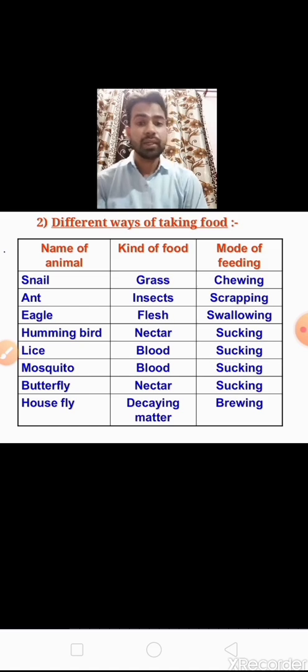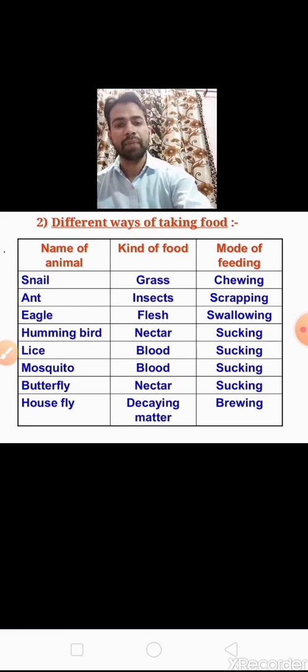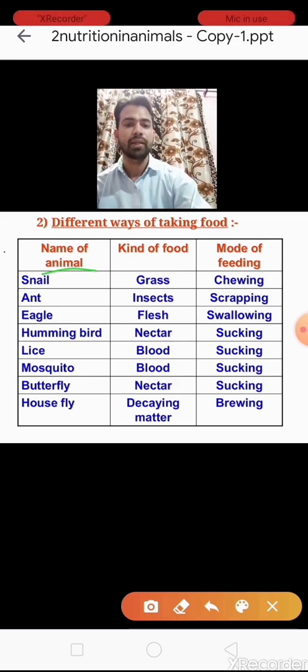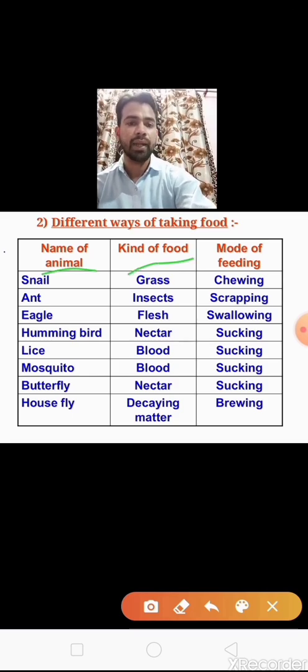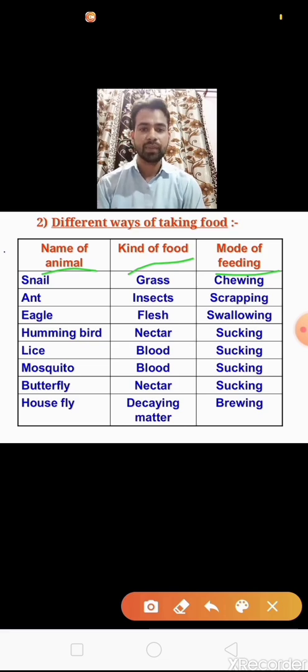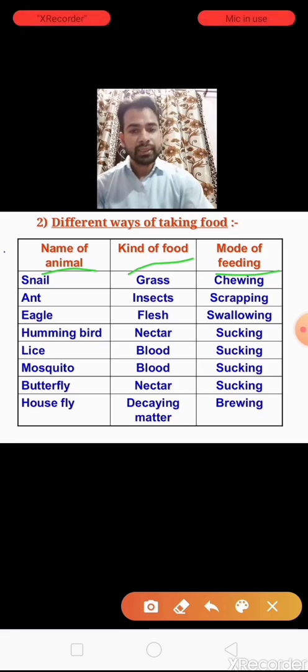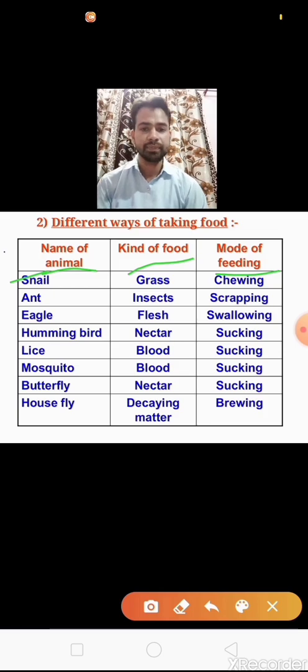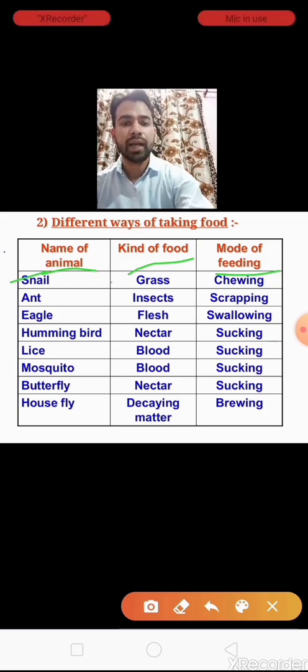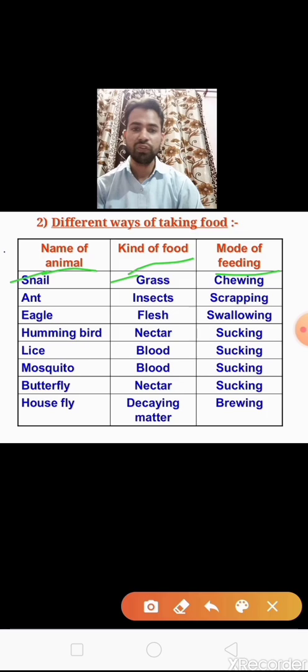Now number 2, in ingestion, the different ways of taking food. Different organisms have different ways of taking food. Here I'm giving some examples to you, like the name of the animal written here, kind of food, and mode of feeding. Okay, snail, the first organism, they eat grass, and the mode of feeding is chewing.